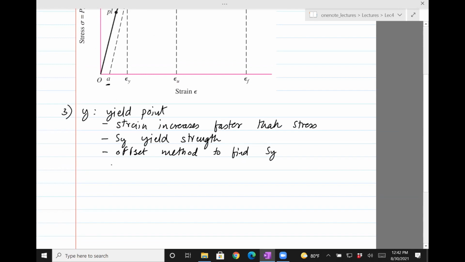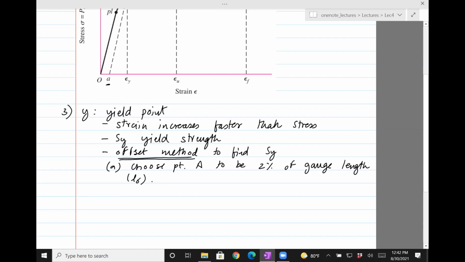So here's how the offset method is used to find the yield point. So first, establish point A. Okay, and that's just chosen heuristically. Choose point A to be 0.2%. Okay, and I'm just putting a number there. It could be 1%, 2% of gauge length. The gauge length there was L0.